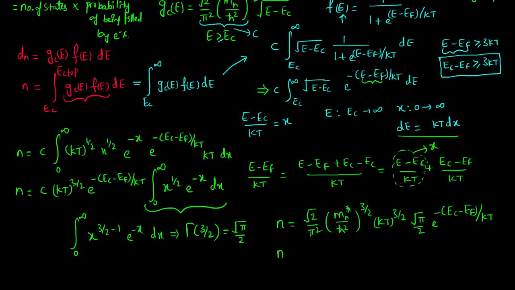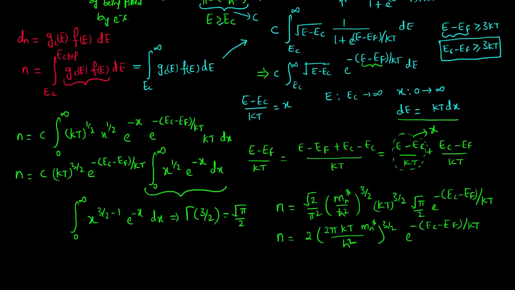Now we can simplify this to be n is equal to 2 times 2 pi kT times mn star divided by h square, whole power 3 by 2, times this exponential, which is e power minus of Ec minus Ef over kT.